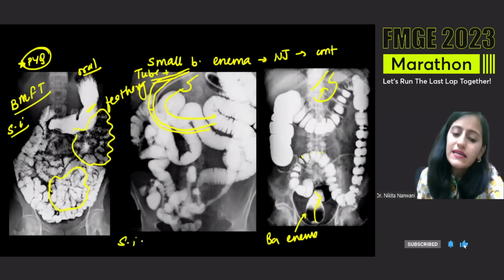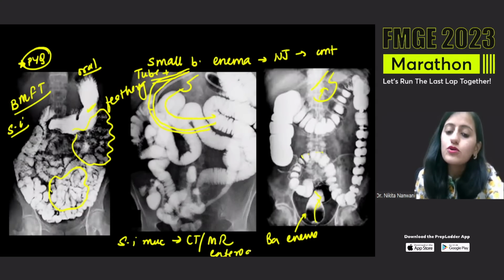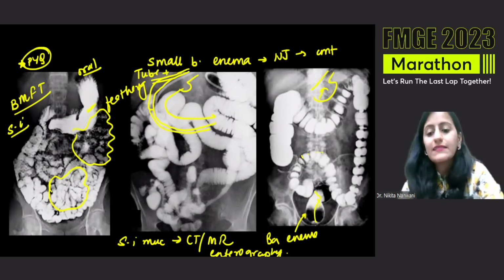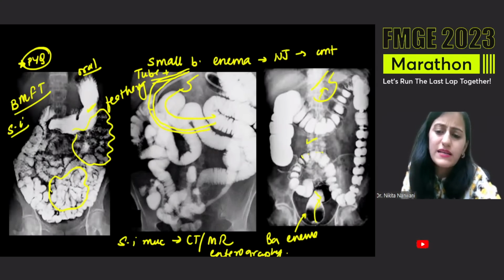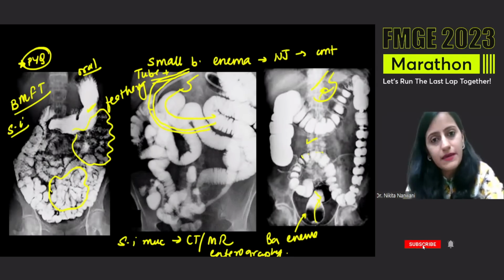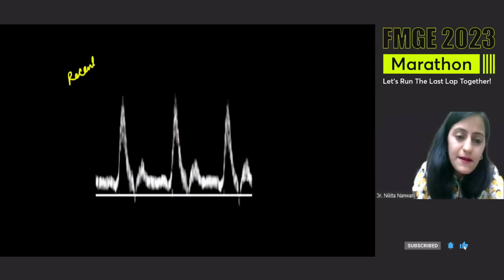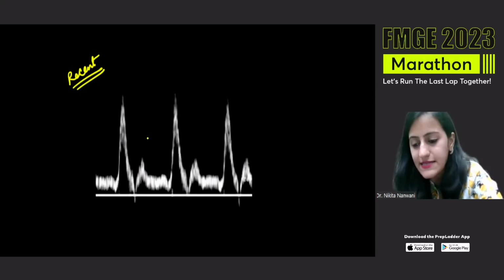Now, for the small intestine mucosal pathologies, the investigation that we do is CT or MR enterography. Okay, CT or MR enterography is done for the mucosal pathologies now. Okay, and the last one is the barium enema, where you don't see any barium in the small intestine, in the stomach, that is barium enema, right? This was also asked in one of the recent exams, the NEET PG exam, I believe, or the INI-CET exam.